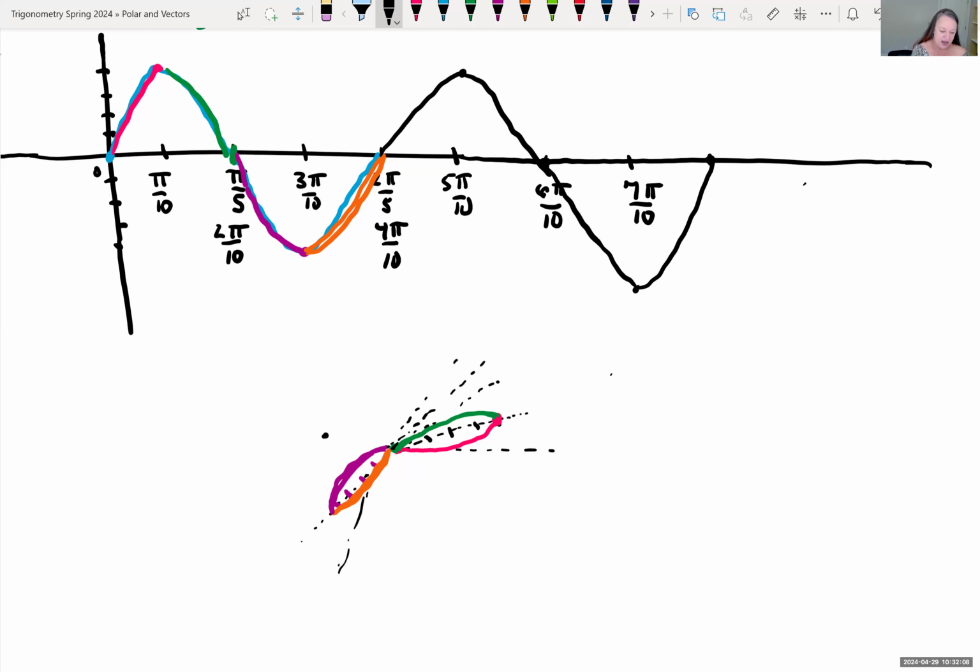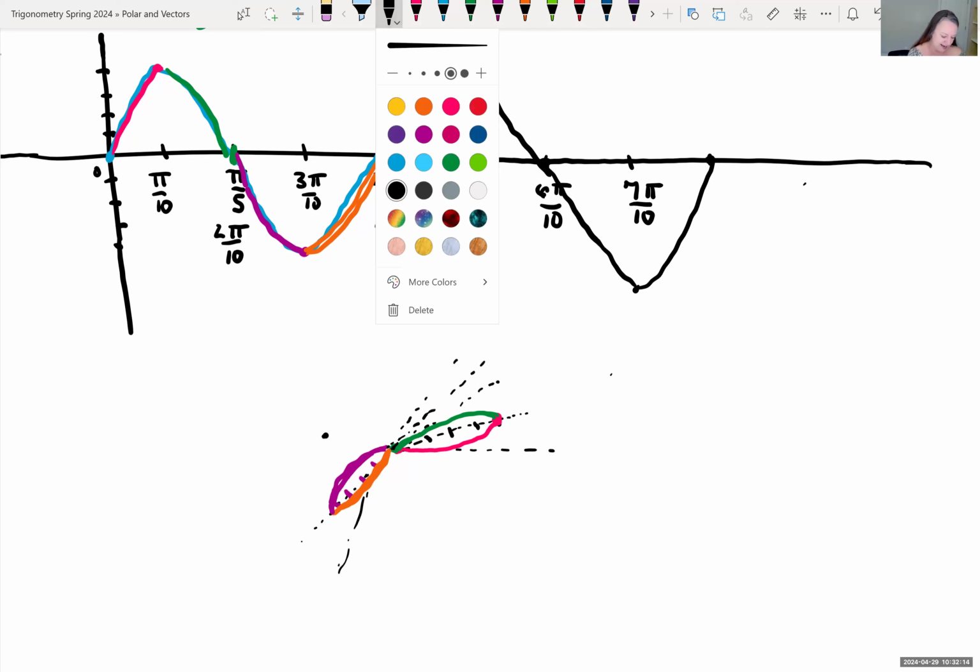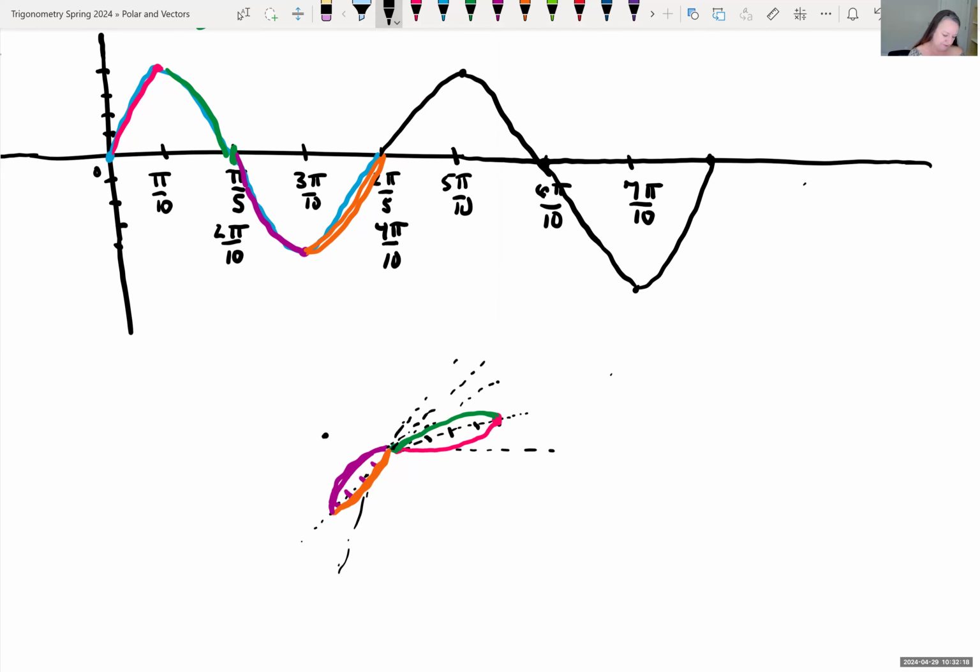So again, now we're looking at going from 4 pi/10 to 5 pi/10. So looking at 5 pi/10, that's going to be basically a diagonal. We're going to go up to 4, and we're going to have something that looks like this.